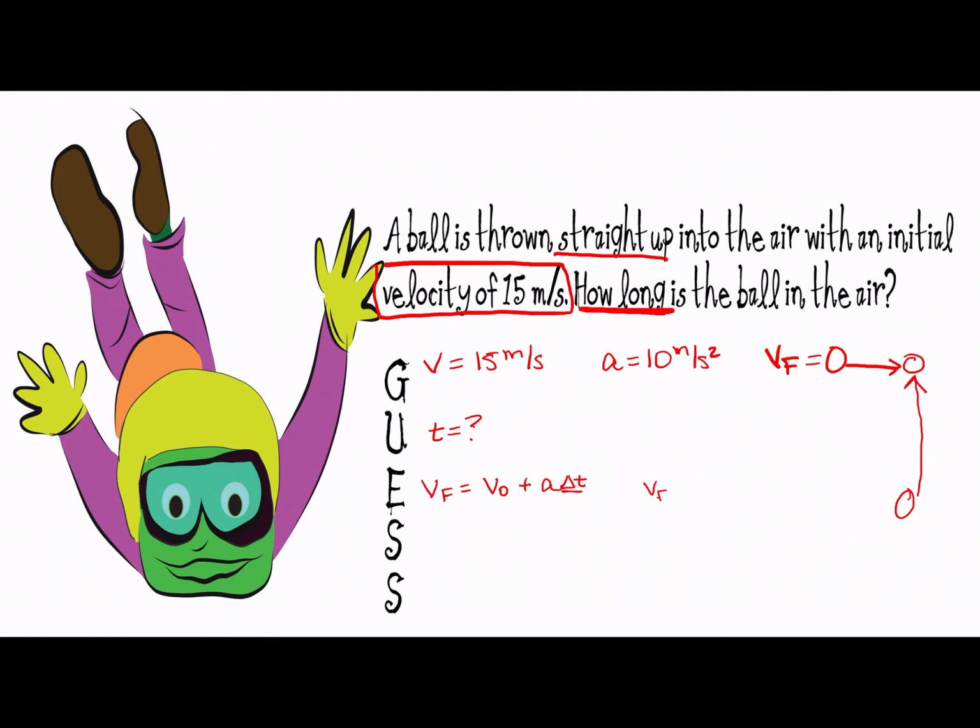So now we need to rearrange the equation. V final minus v initial is equal to acceleration times delta t. We're looking for t, so v final minus v initial divided by acceleration equals t.